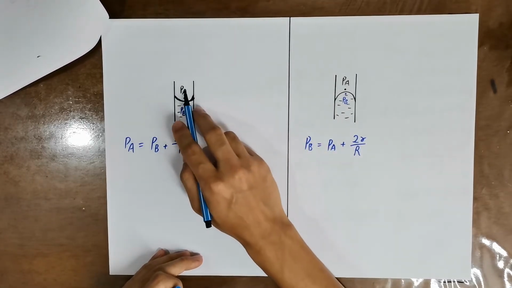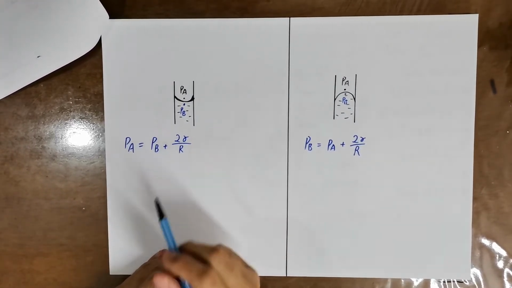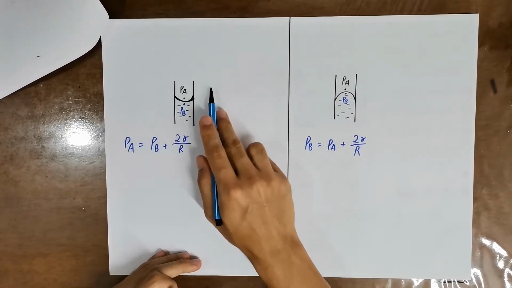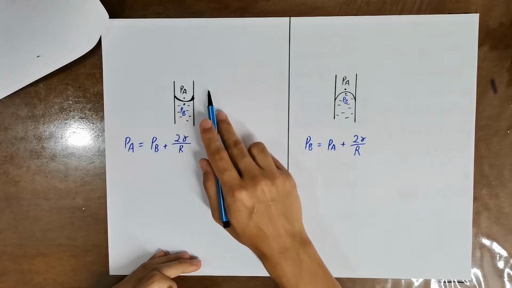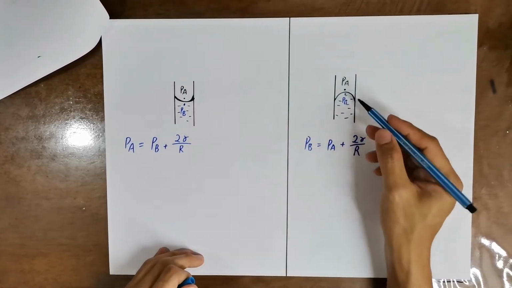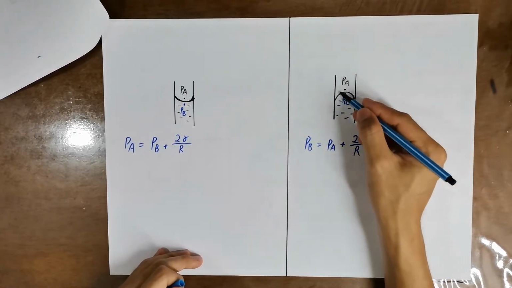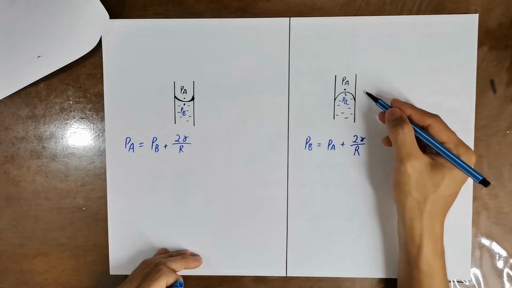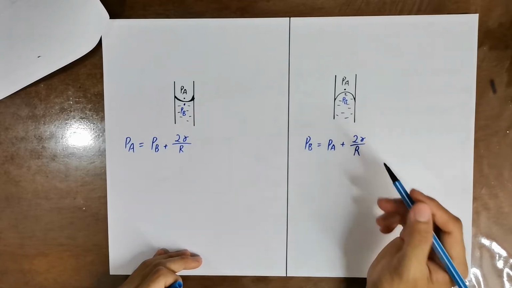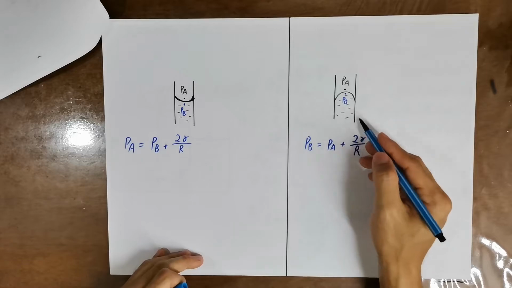The pressure inside the circle is greater than the pressure outside the circle by 2 gamma over r, where r is the radius of the circle that you draw. The radius of this circle is capital R. Once again, R is the radius of the circle you are drawing.